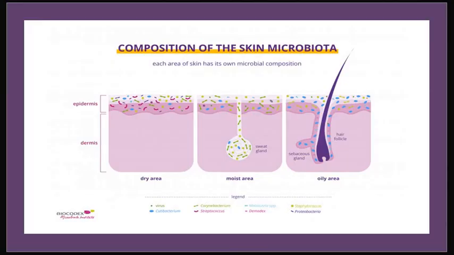So, according to the skin microbiota, bacteria, viruses, and fungi are usually present over the skin, and the respective microorganisms penetrate into the skin according to the medium that is provided, according to the area of the body, and according to the layers of the skin involved.